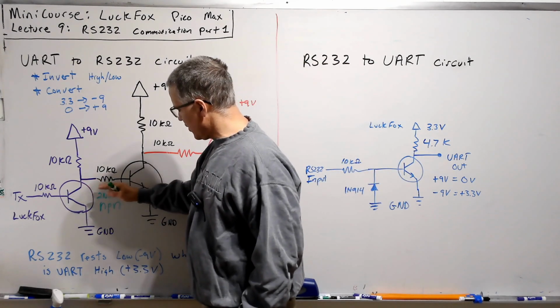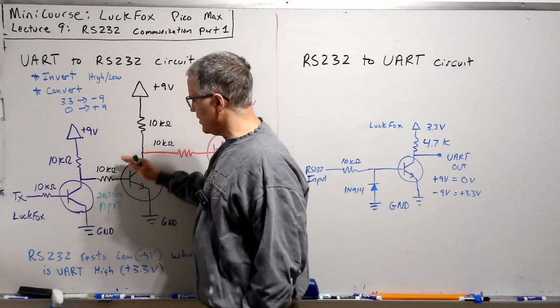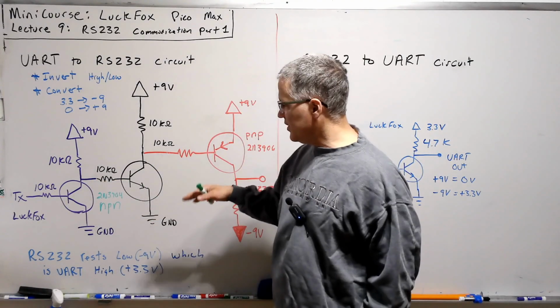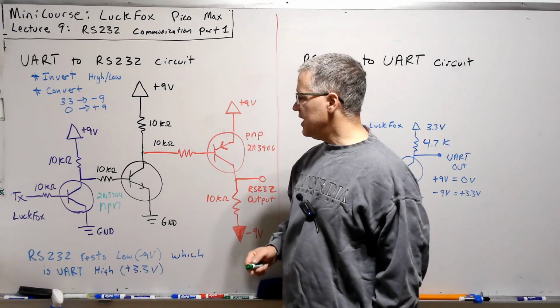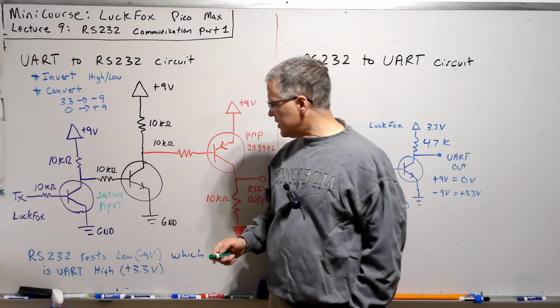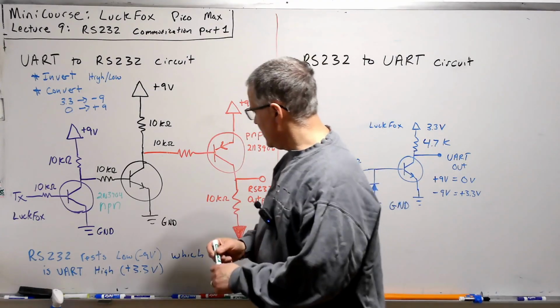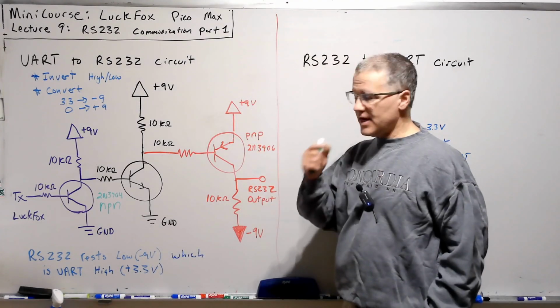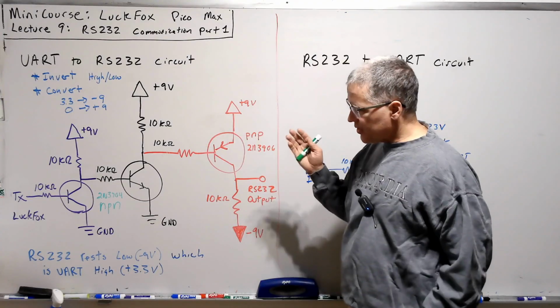Okay, so let's work through the logic here, and as we do, I think you'll start to see the purpose of these transistors. There are probably some other setups, but this works just fine.